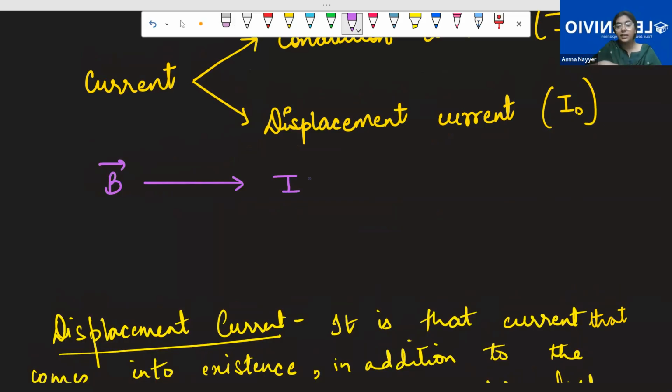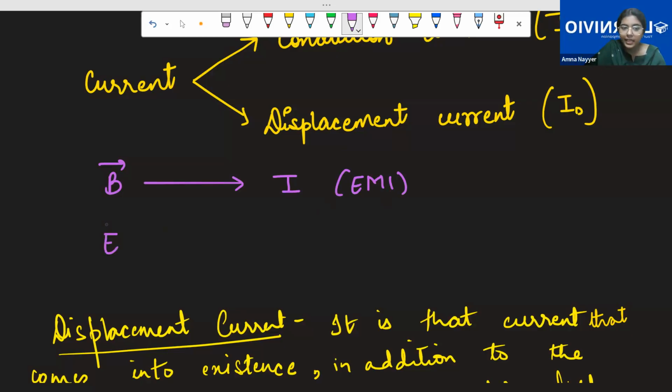In Faraday's experiments, a bar magnet was brought closer to the coil, so magnetic field lines came. When the magnetic field lines came, this gave rise to the deflection in the galvanometer. That confirmed that yes, magnetic field can also produce current. This we have already done in the EMI chapter in detail.